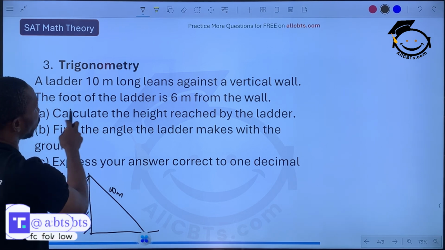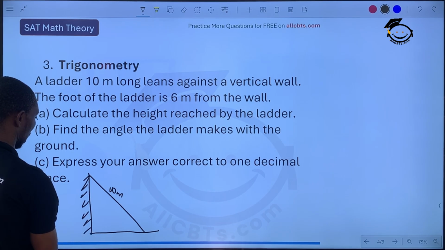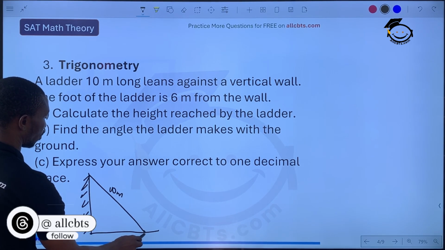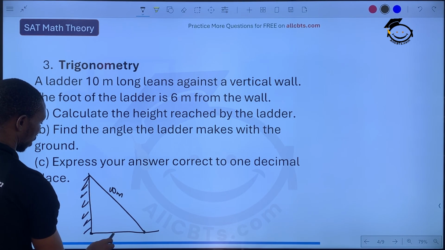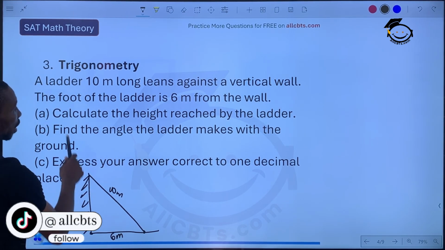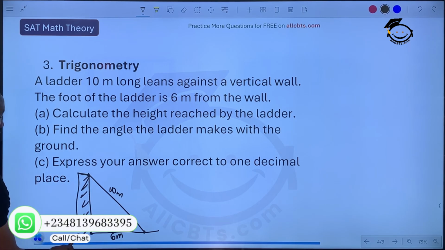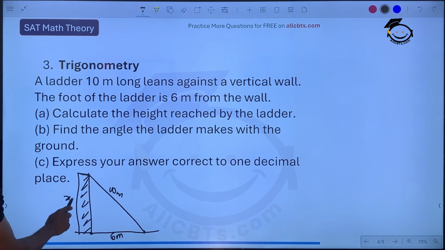The foot of the ladder is 6 meters away, so the foot of our ladder to the wall is 6 meters. Now calculate the height reached by the ladder, x.